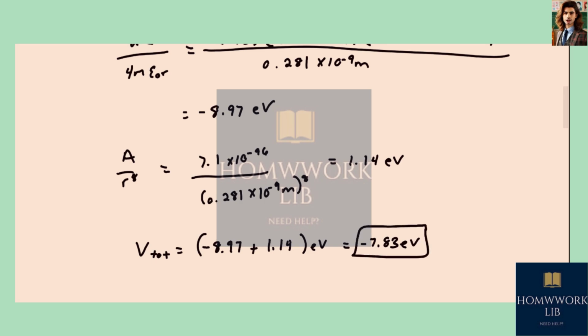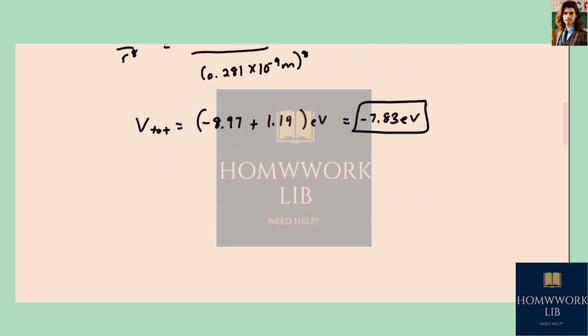Okay? And now for part B, which is not going to be that long. Part B says the negative of U total, the potential energy, is the energy required to remove the sodium ion and the chlorine ion from the crystal, forming a pair of neutral atoms. To calculate the energy required to remove the pair and compare with the experimental value for the quantity, how well does this calculation agree?